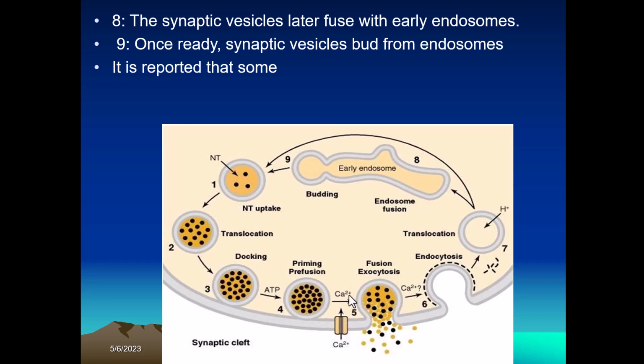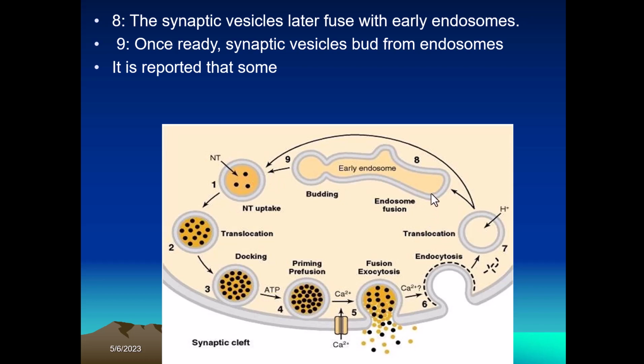Another mechanism is that these vesicles bypass steps 7 to 9, and the vesicle directly jumps to step 1.